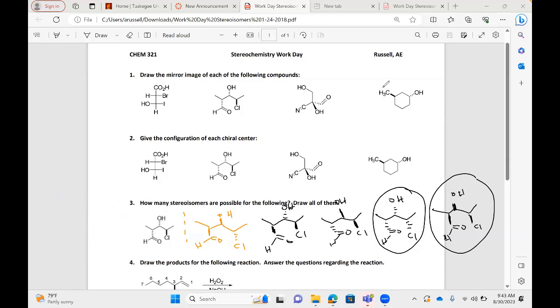All right, other questions? All right, let's go up to, because we've been talking about configuration, up top, that first example. It says draw the mirror image of each of the following compounds. Let's work on that, and we'll do it with the plane.